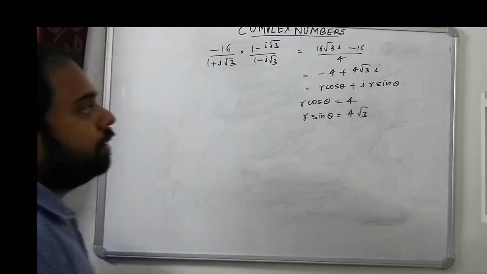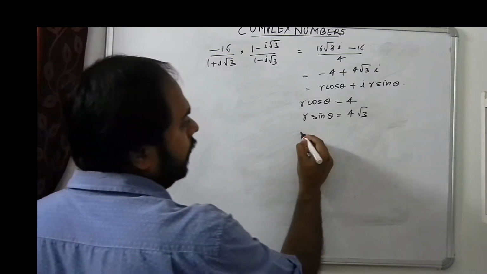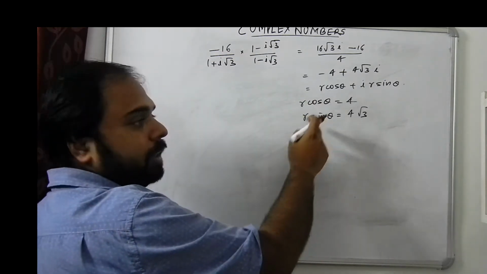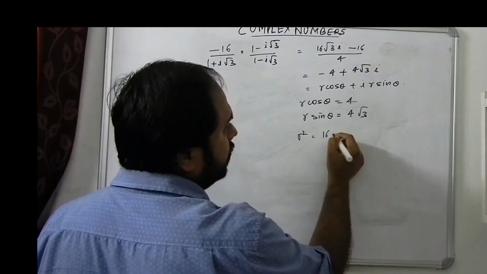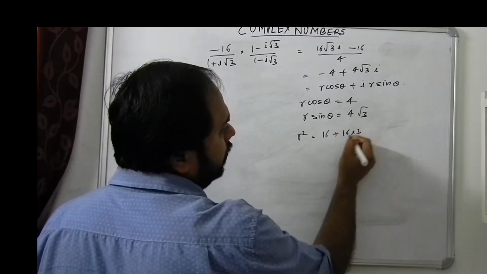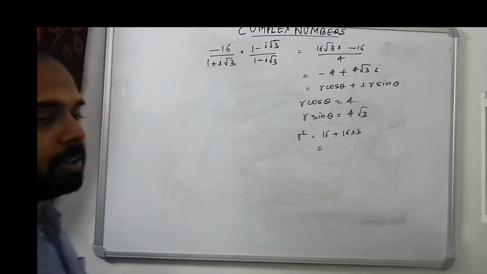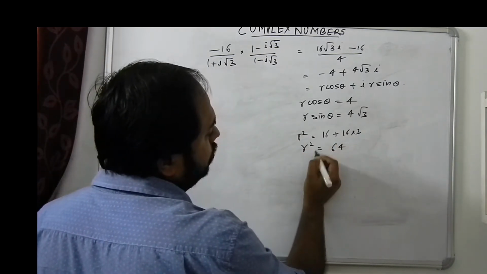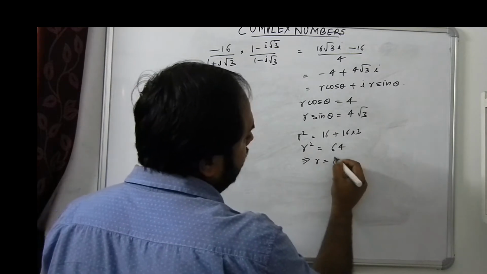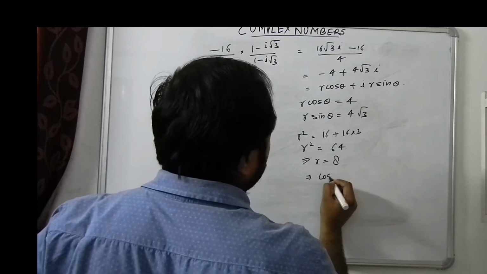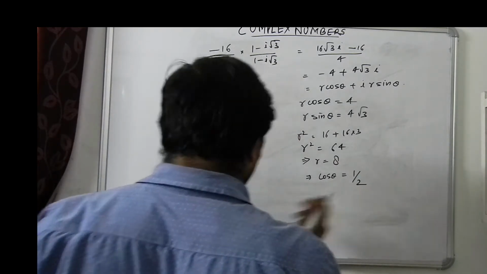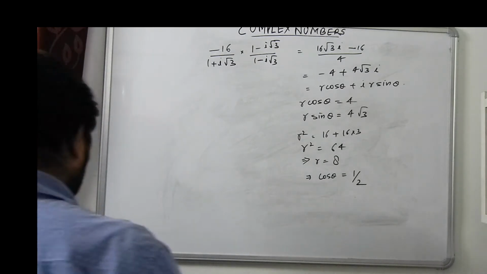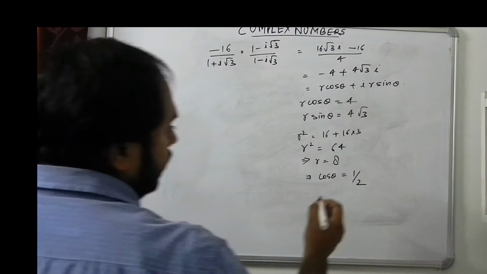Now I square and add, so I get r square into cos square theta plus sin square theta, which becomes 1, is equal to 16 plus 16 into 3, that is 48 plus 16, which is 64. So r square is equal to 64, then again r is equal to 8. This implies that cos theta is equal to minus 1 by 2. So the moment I get cos theta is equal to minus 1 by 2, I get theta is equal to 2 pi by 3.